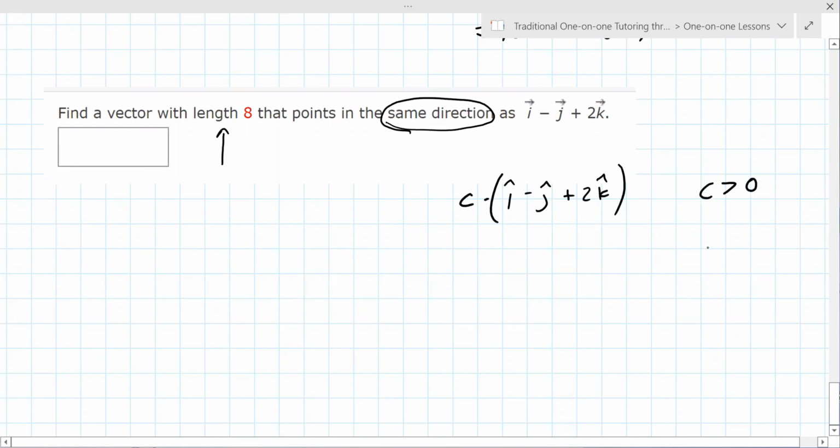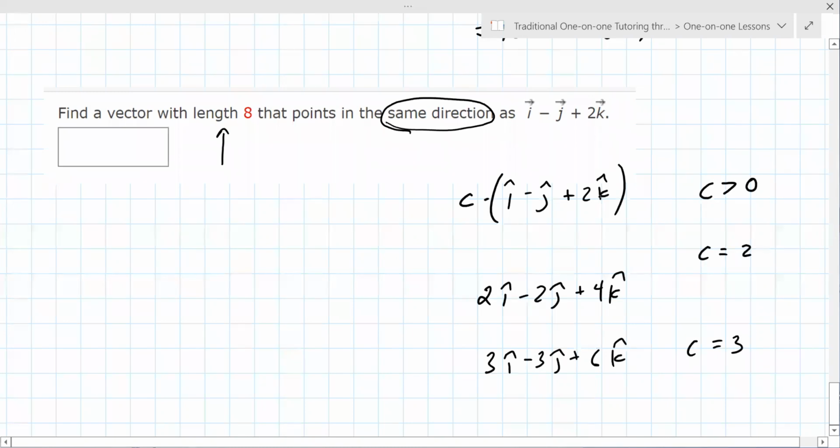For example, let's say C is 2. 2i minus 2j plus 4k is in the same direction as this. C equals 3, 3i minus 3j plus 6k. These are all in the same direction. C is a constant, a number.